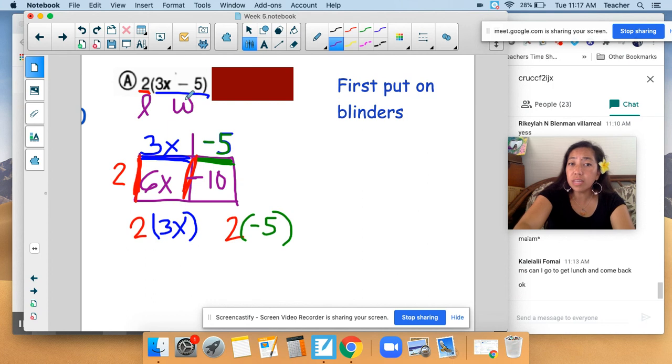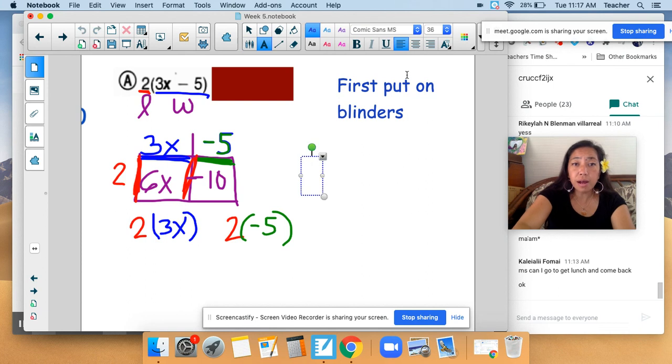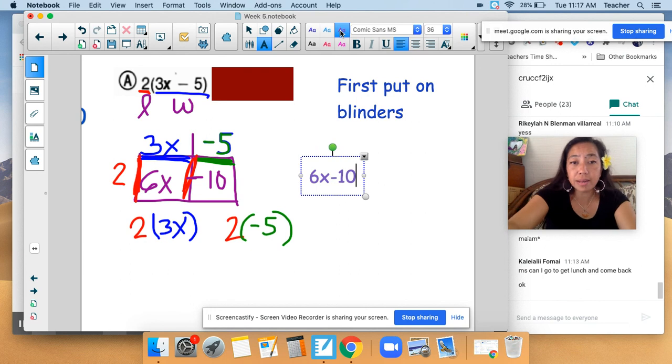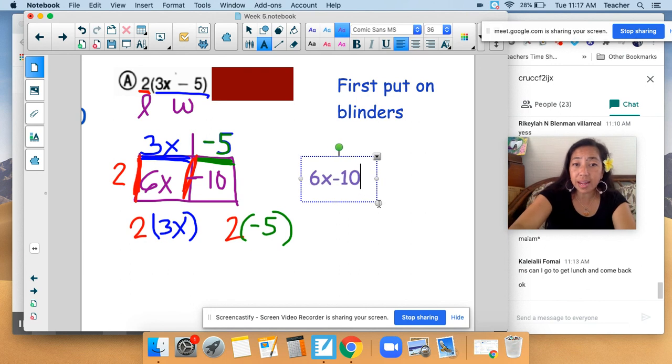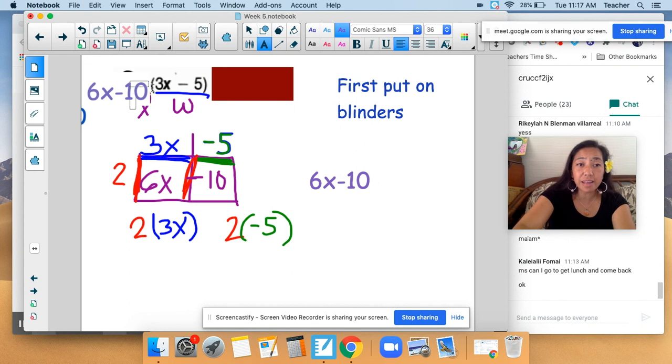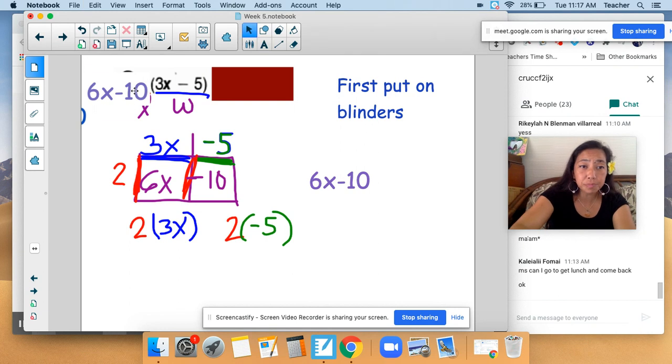So what was here written as length times width, we could write as an area of 6x minus 10. And we can write it as that area because it is the result of length times width. So this area basically replaces that whole thing, that 2 times 3x minus 5.